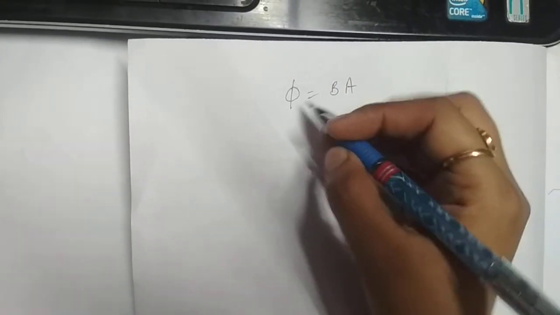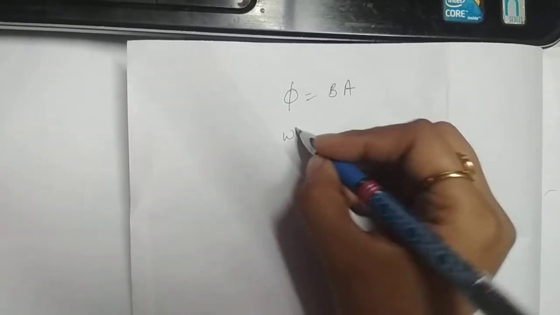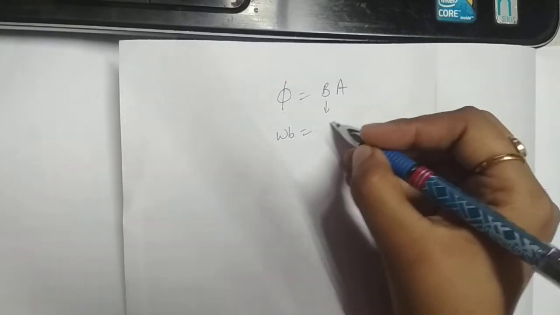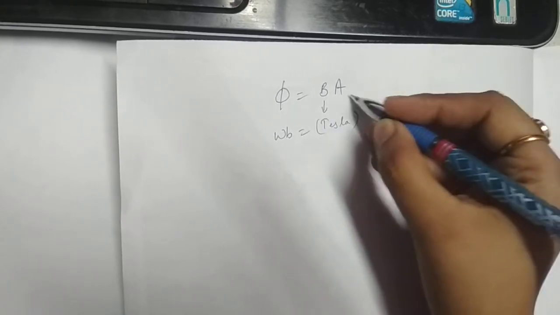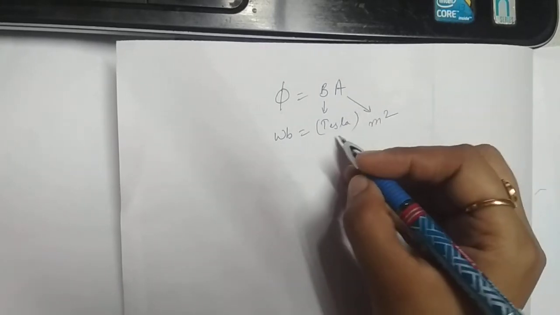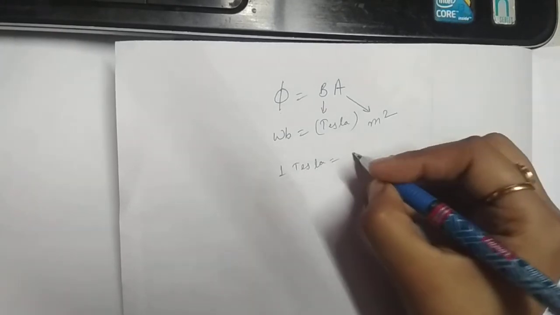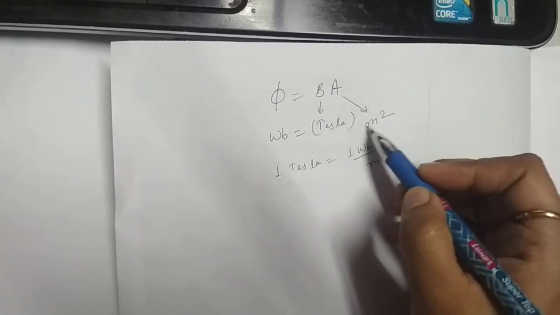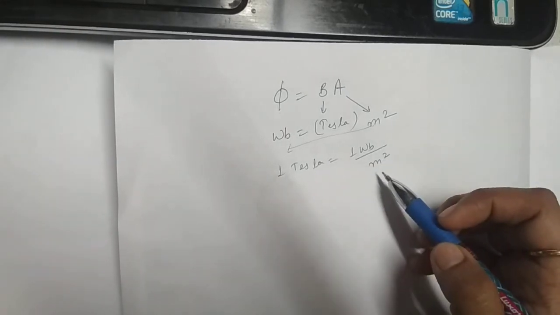This formula we already know: flux is equal to BA, and the unit of flux is Weber. The unit of B is Tesla and the unit of area is meter square. So from here we can find 1 Tesla is equal to 1 Weber per meter square. You can take this meter square to this side.